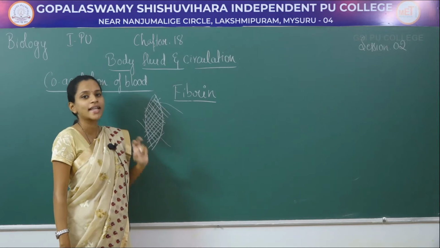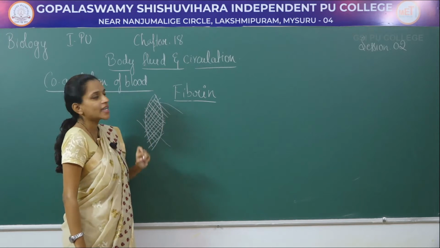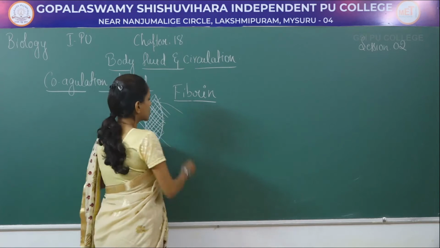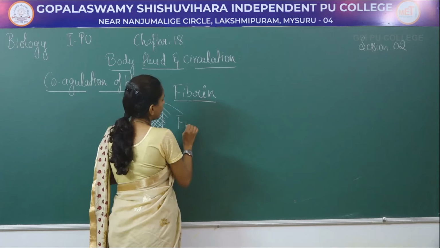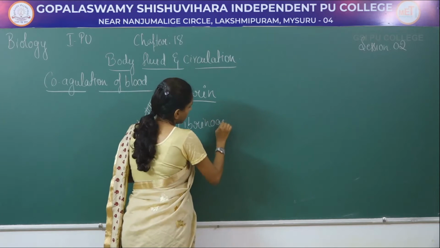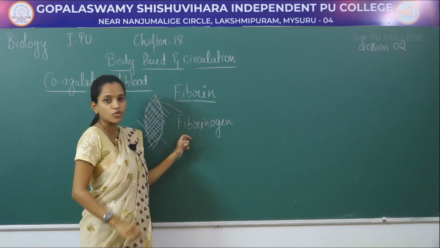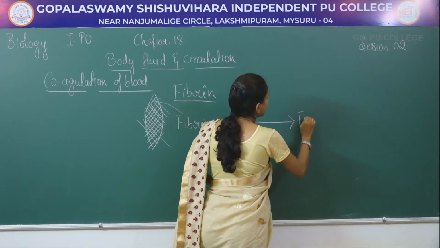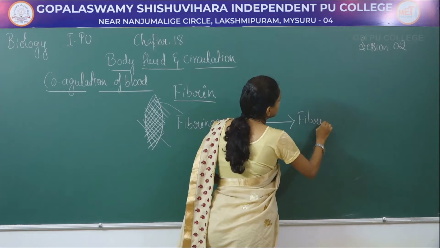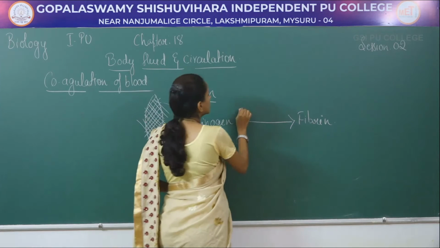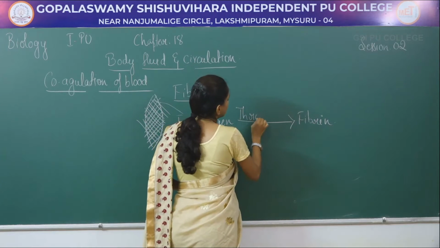Now, how does it get activated? It gets activated with the help of an enzyme. It is present in an inactive form called fibrinogen. Fibrinogen is the inactive form of fibrin. It gets converted into fibrin with the help of an enzyme called thrombin.